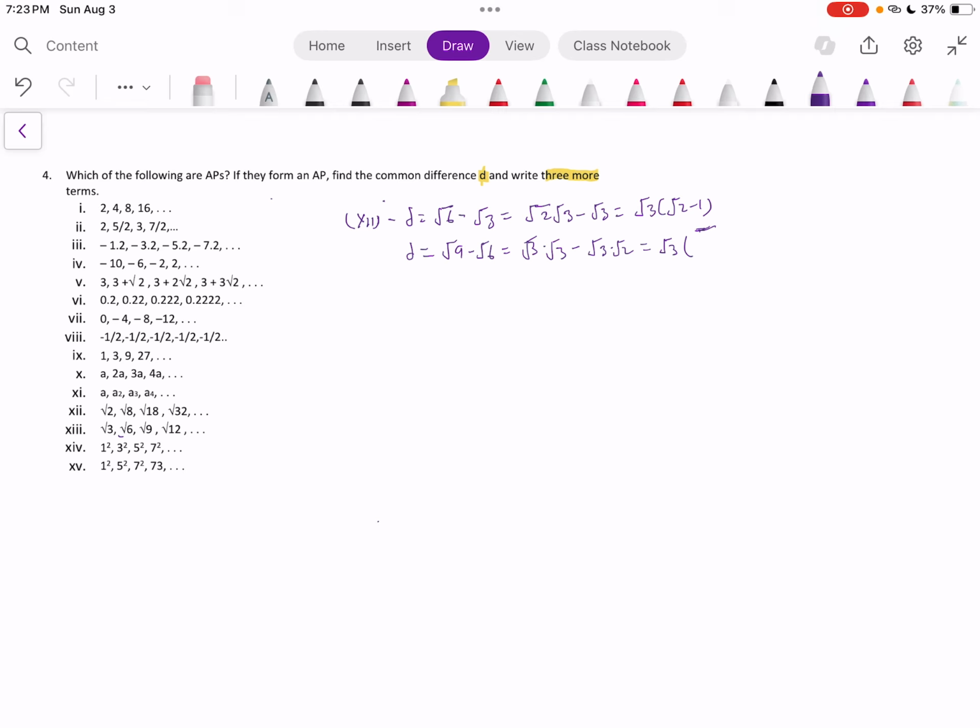Don't want to complicate it too much. That's why I'm taking the square root of 3 out, because that's what I did in the first one, when I calculated the common difference for the first 2 terms. And this one is square root of 3 minus square root of 2. That's not really the same. These quantities are not the same. So the difference is not going to be the same. Not an AP.